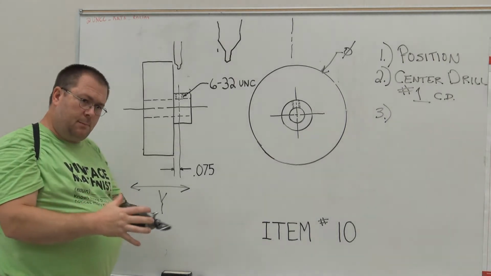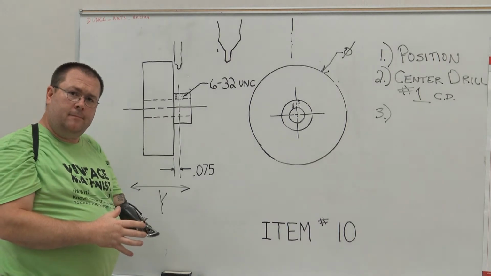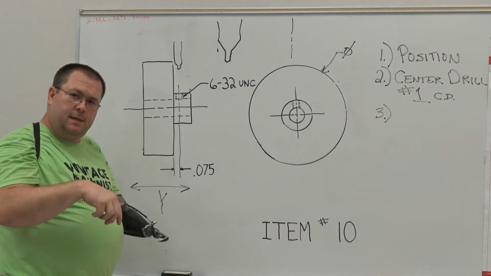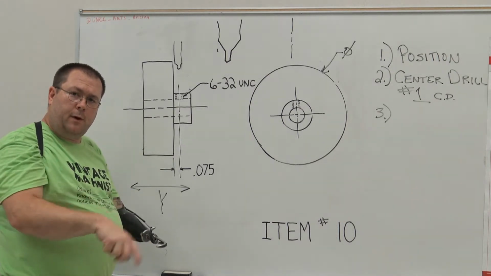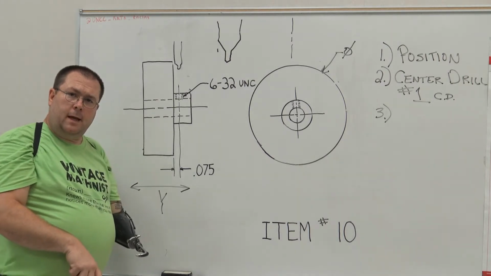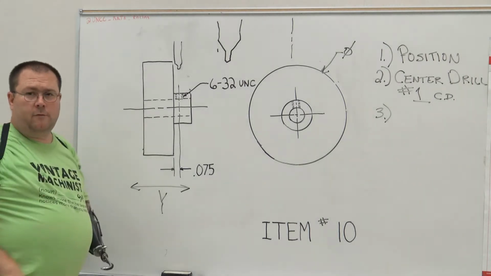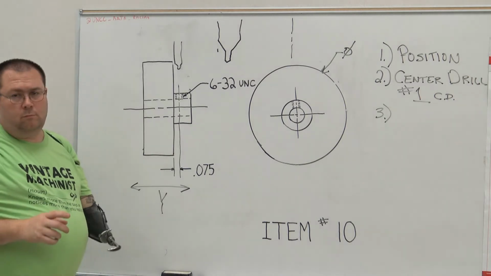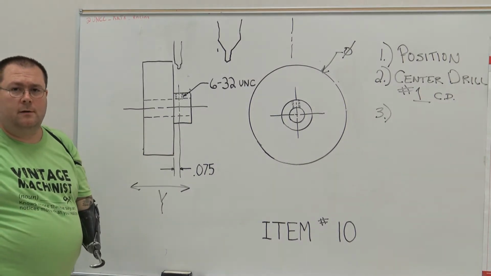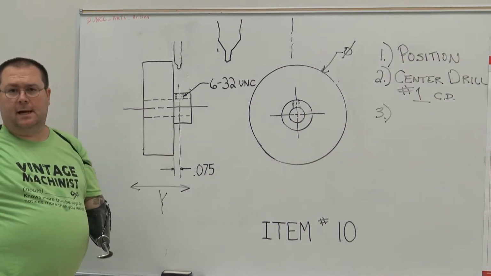It needs to be smaller than the major diameter so that it leaves material in the hole for you to cut the threads, okay? So next we're going to move over to our decimal equivalent, or we call it our tap drill chart, and we'll select the drill size.